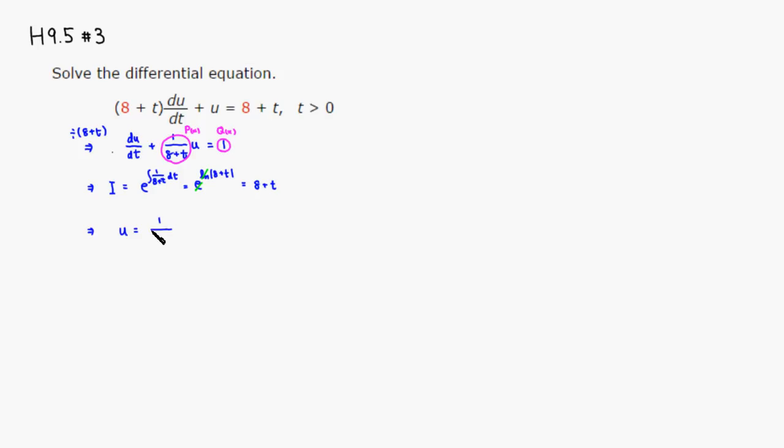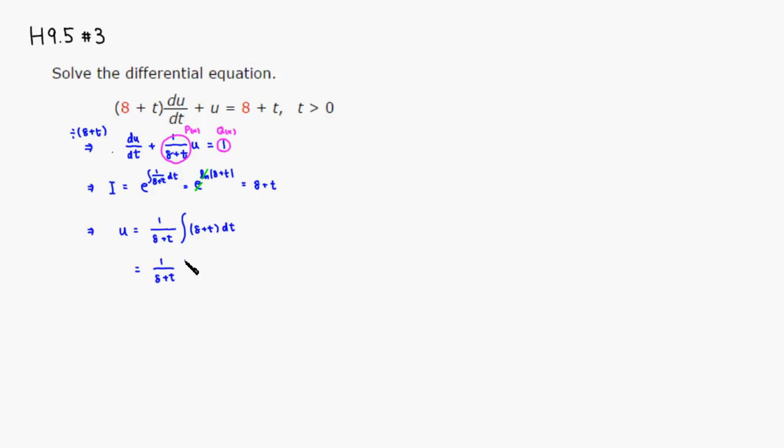So we know that the solution u is going to be 1 over I, which is 8 plus t, and the integral of q of x, which is 1, times I. So you have 8 plus t dt. So what you get is 1 over 8 plus t.